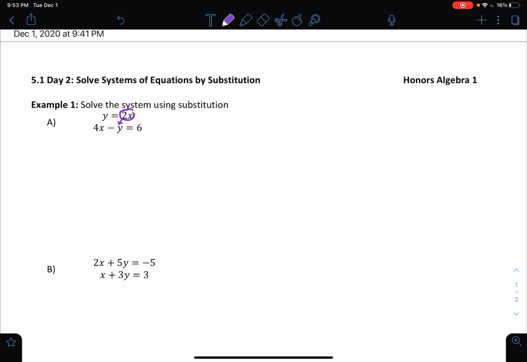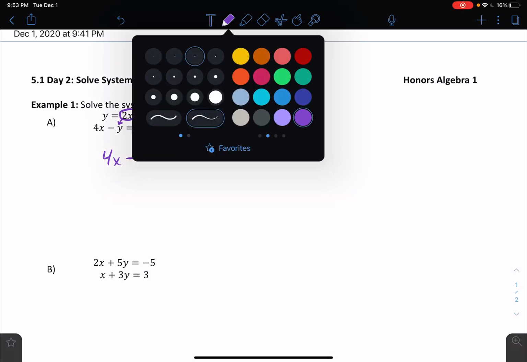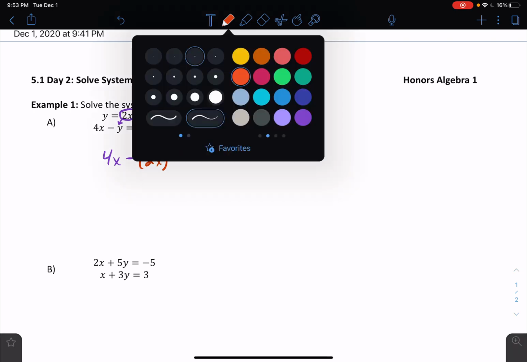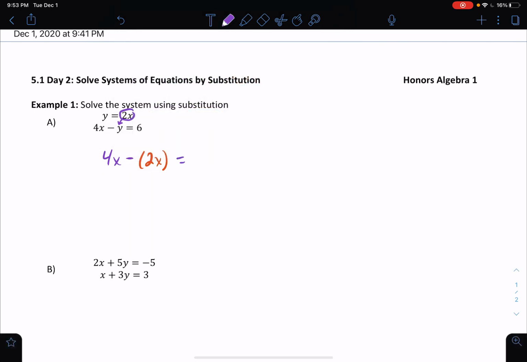I can substitute in 2x. Okay, so this is going to look like 4x minus, but instead of y, I can substitute in 2x. Everything else stays the same, but instead of y, I'm substituting 2x. So I got 4x minus 2x equals 6.